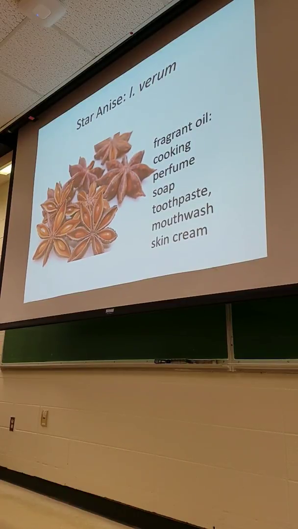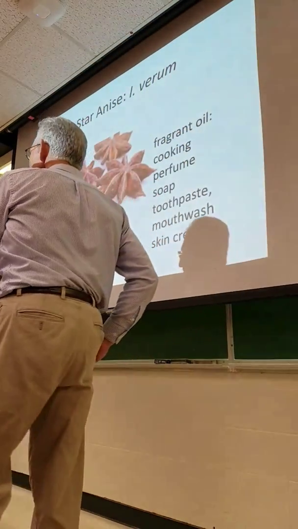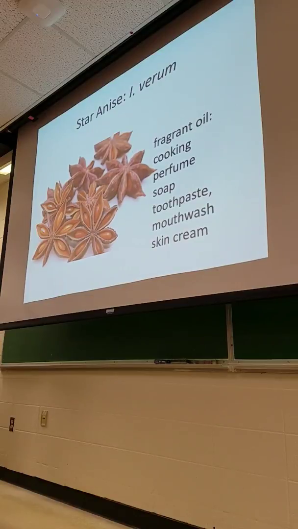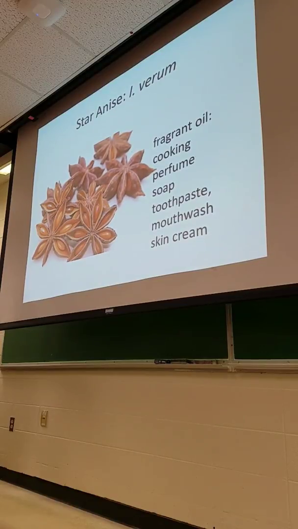Chances are you have used a member of the Iliciaceae and never knew it. Now, do not confuse. There's star anise, and that's what we're finding in the Iliciaceae. But then there's also anise. Anise is another acceptable common name for another flowering plant that we'll see much later in the class, okay? But this is the star anise.